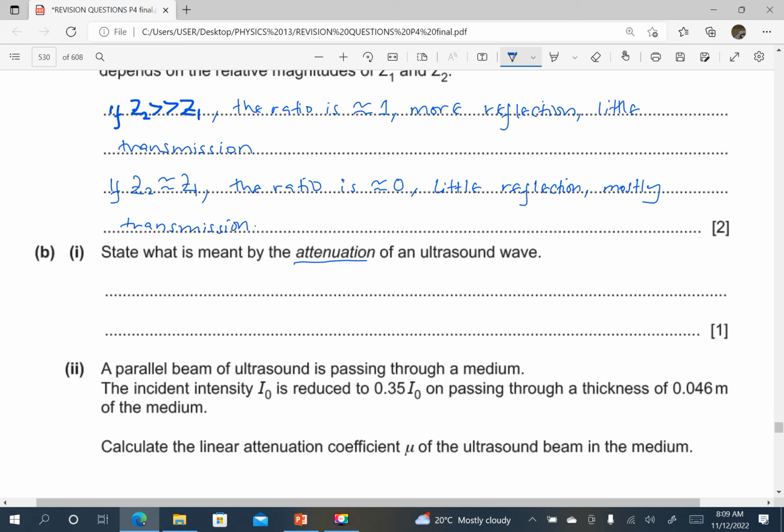So attenuation of an ultrasound wave is the loss or reduction in intensity or power of the ultrasound wave as it passes through a medium.